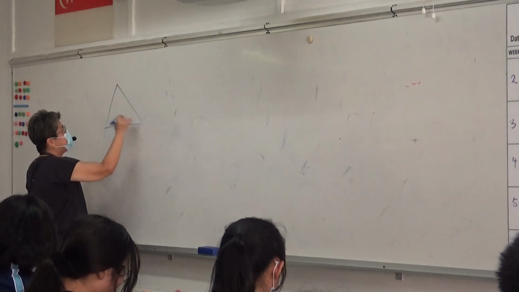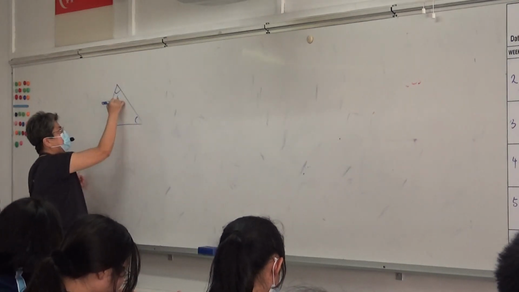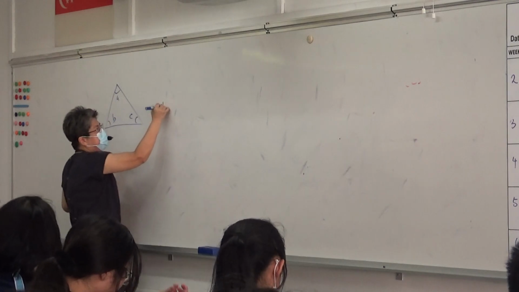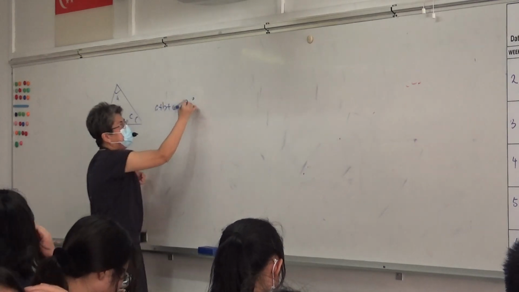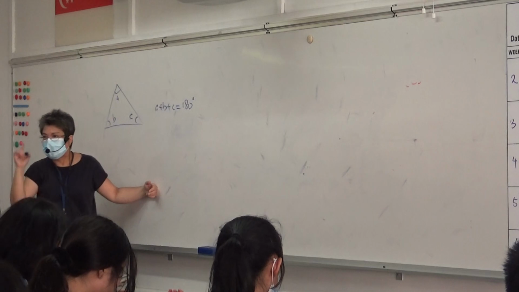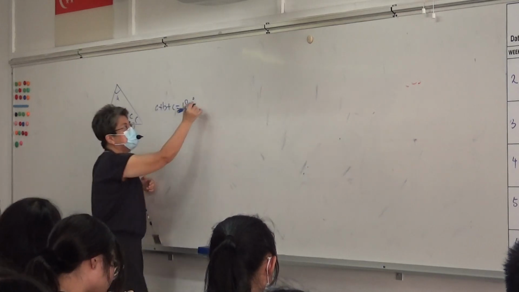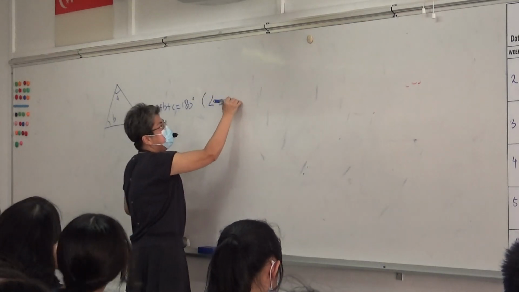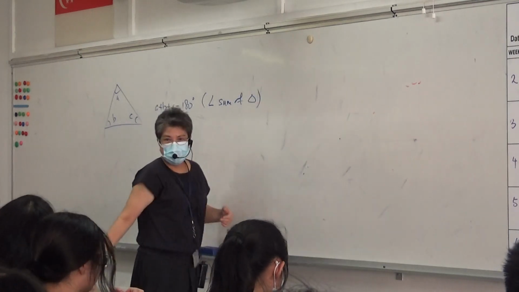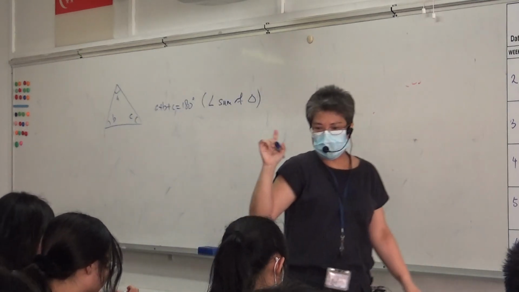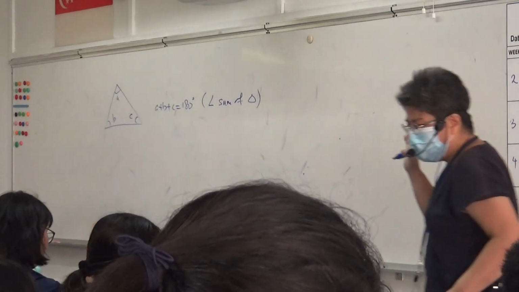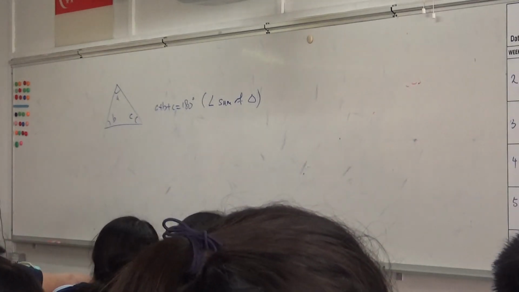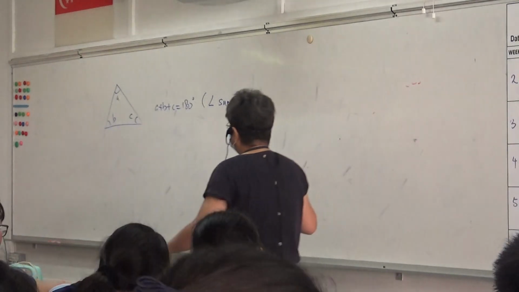Now, if I have a triangle, A plus B plus C equals 180 degrees, right? Now, what's the short form for the reason? It's called angle sum of triangle. Can you write it down on page 100 or 101, any blank space? Angle sum of triangle.